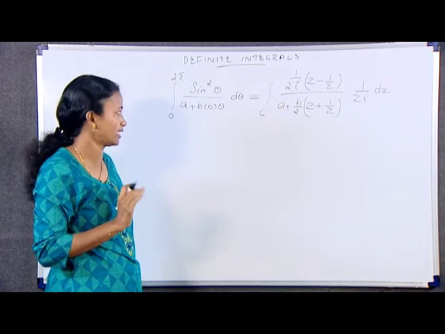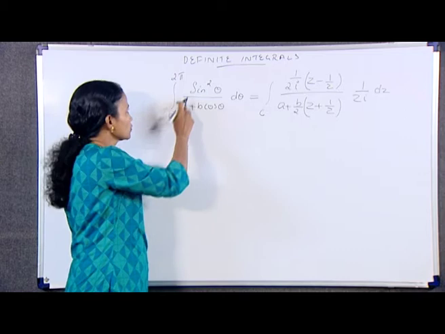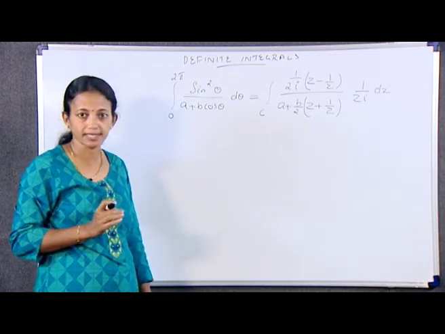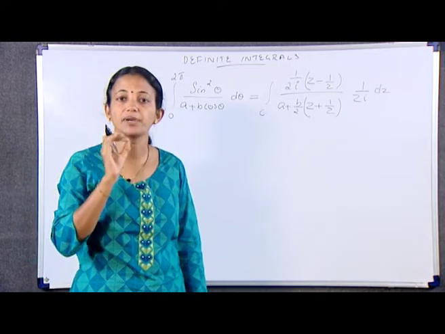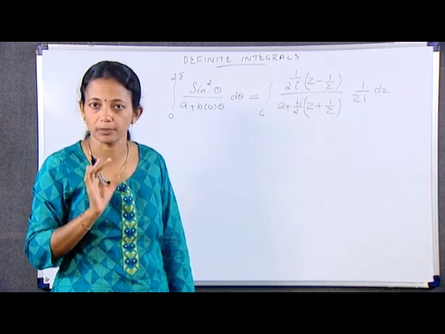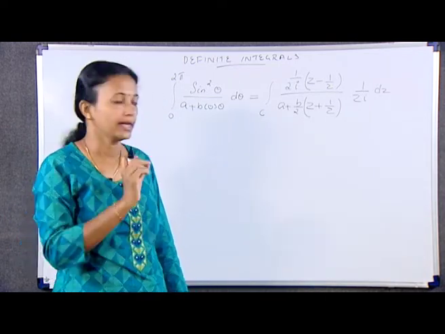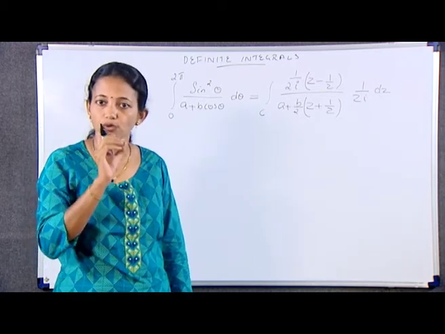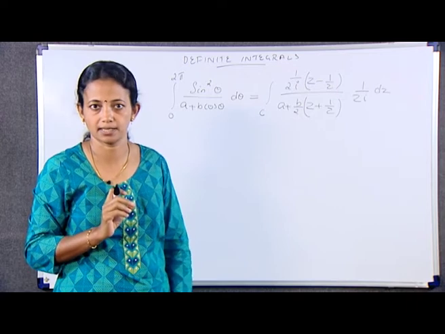On substituting the values, we get integral 0 to 2 pi sin square theta by a plus b cos theta d theta as integral over c of [1 by 2i (z minus 1 by z)] whole square divided by a plus b by 2 (z plus 1 by z) into 1 by iz dz.